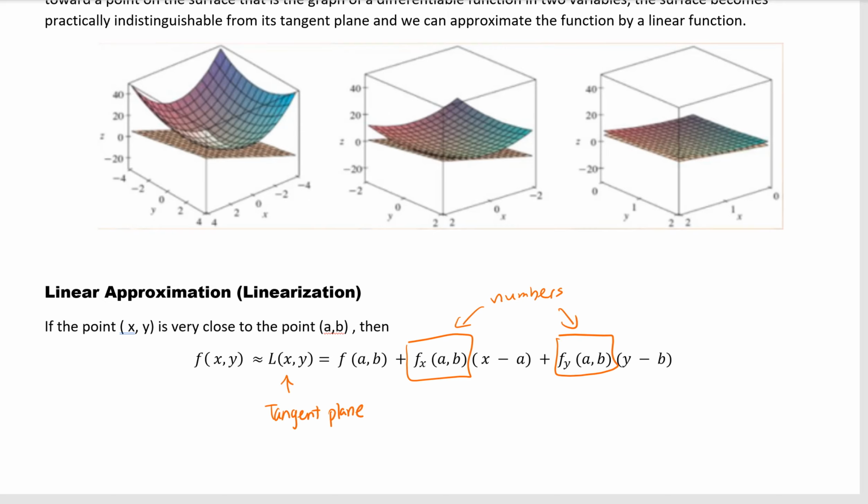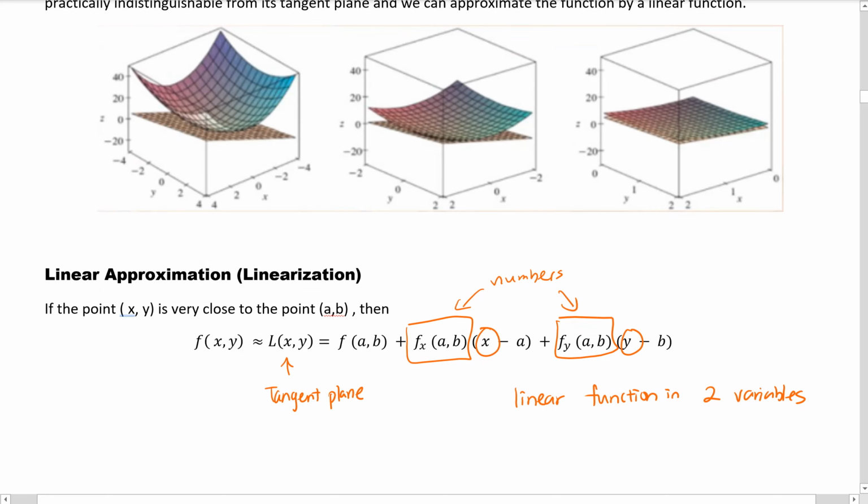You take partial f partial x and partial f partial y, then you plug in the point (a, b), so you get numbers. So that's why this is a linear equation in two variables, or a linear function in two variables. Okay, but it's still linear. All right, let's continue.